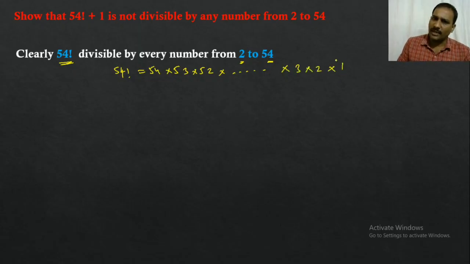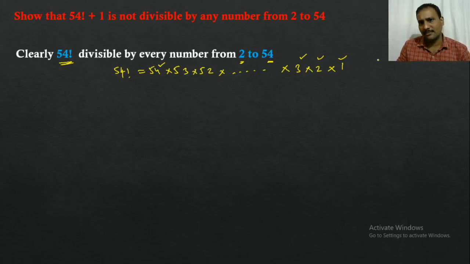It is divisible by 1, 2, 3 and all the numbers from 1 to 54, or you can say 2 to 54. Now when you add 1 to this, 54! + 1, and divide this number by all the numbers from 2 to 54, you will have a remainder 1.